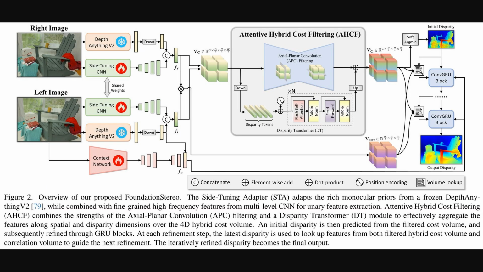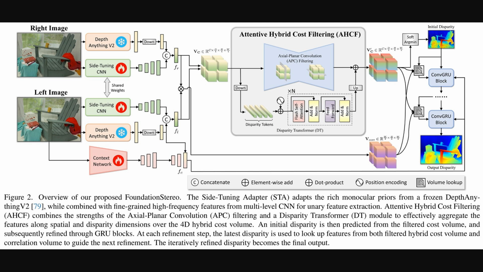Okay, so building on that discussion of the dataset and zero-shot performance, this figure 2 gives us a look under the hood at the FoundationStereo architecture itself. It shows how it goes from the left and right input images on the left side there to the final disparity map on the right. You can see it uses several components, including a side tuning adapter, which cleverly incorporates knowledge from a pre-trained monocular depth model, Depth Anything V2, to get better geometric priors.